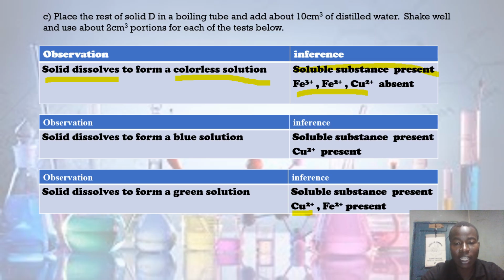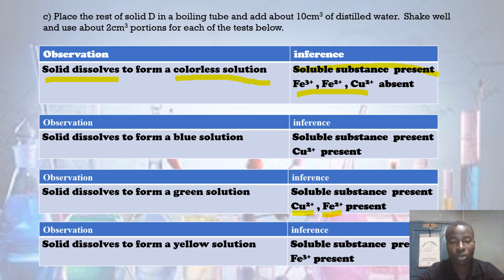So it can be copper ions and or iron 2 ions being present. I understand most people have the misconception that it's only iron 2 ions which are green in color when in solution form. So understand that we also have salts of copper which are green in solution.